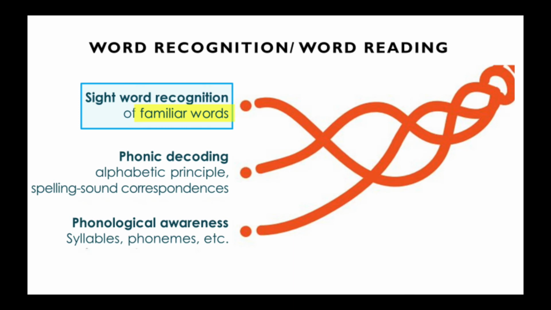So here's the word recognition or word reading portion of the reading rope that we discussed earlier. So we talked about how the ALL program focuses on the phonic decoding and phonological awareness strands in that portion of the reading rope. There is a section for sight word recognition, but that's sight word recognition of familiar words.